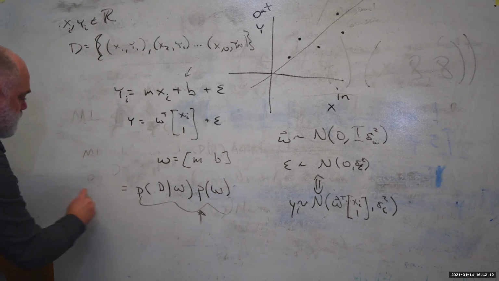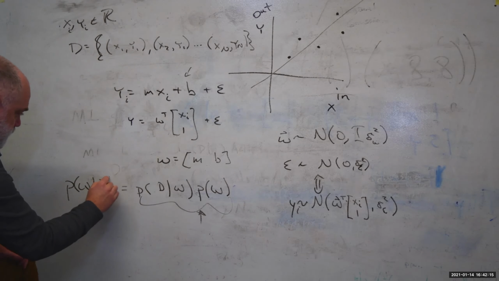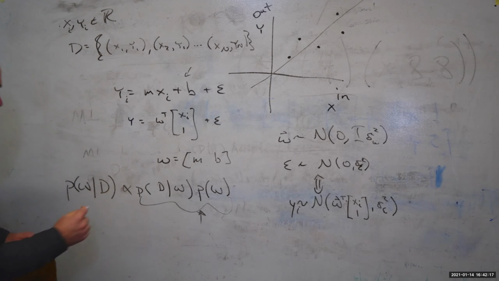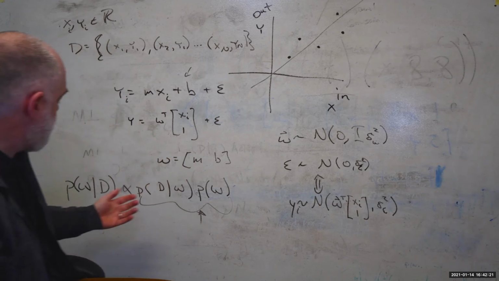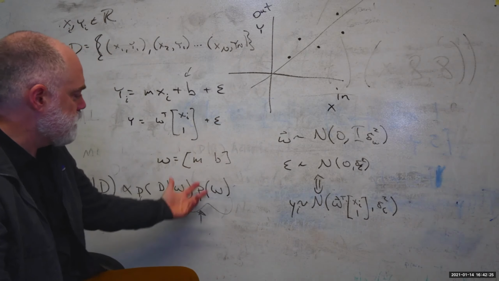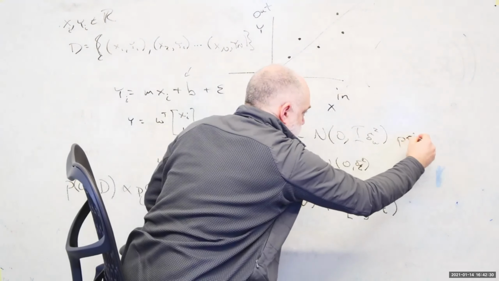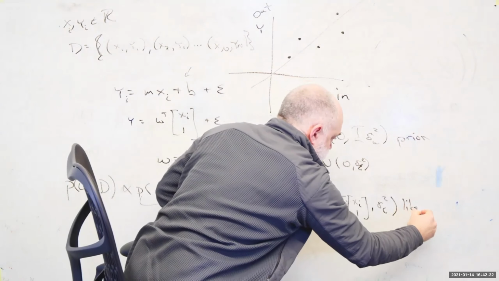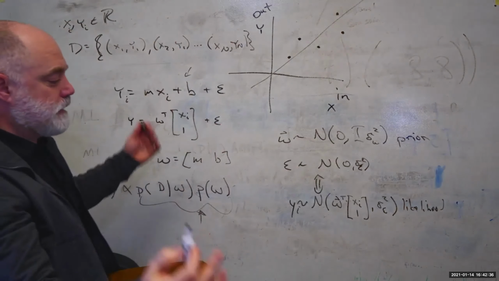And our inference objective will be P of W given D, which is proportional to the joint, okay? So instead of doing maximum likelihood or putting down some sort of loss function and so forth, we specify a prior. Here's our prior. We specify a likelihood. The likelihood happens to be a conditional distribution.